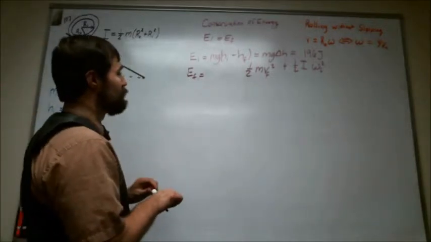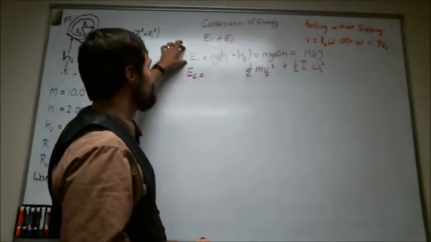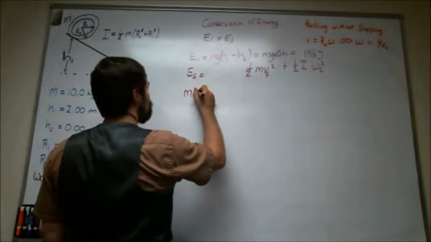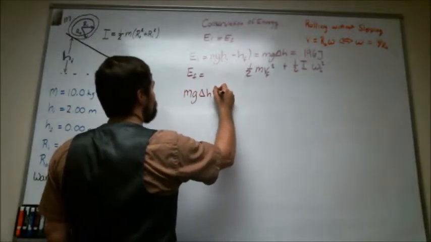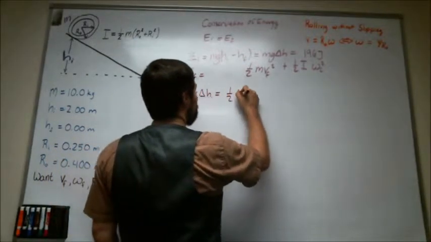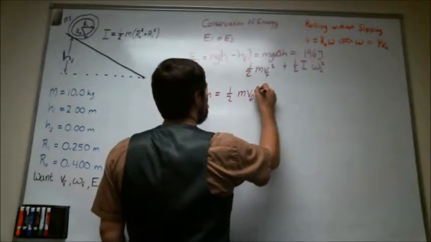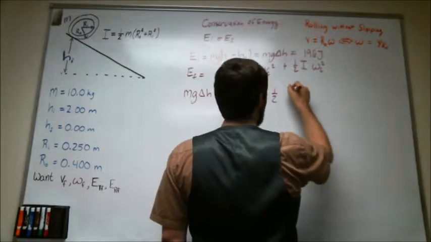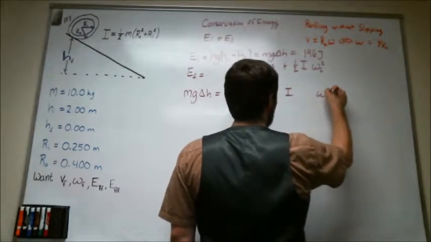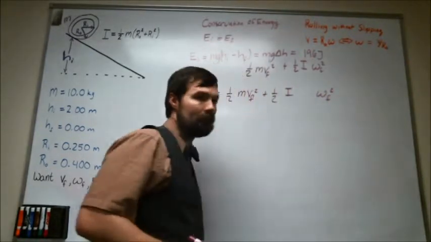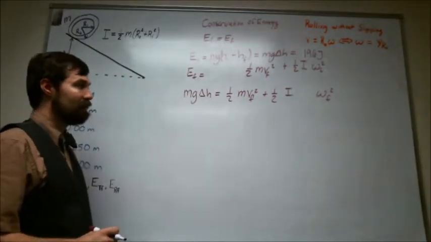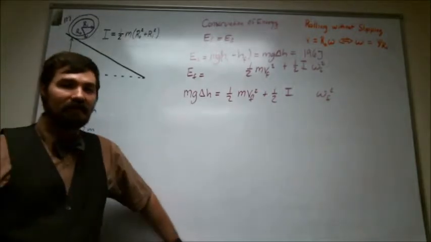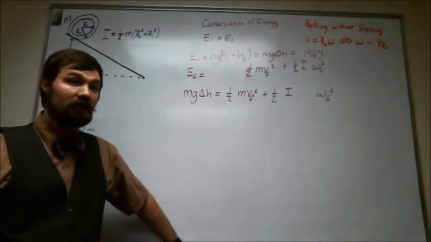So the rest of conservation of energy says we need to set this thing and this thing equal to each other. So mg delta h is 1/2 m v final squared plus 1/2 times I omega final squared. And you may be wondering why I put so much space between the moment of inertia and the rotational speed.